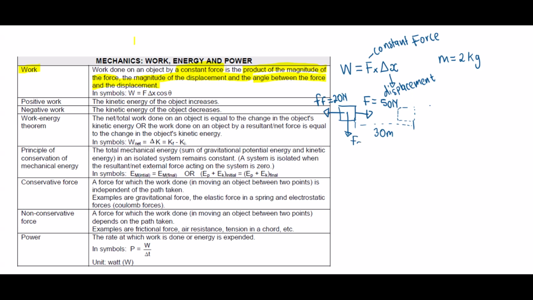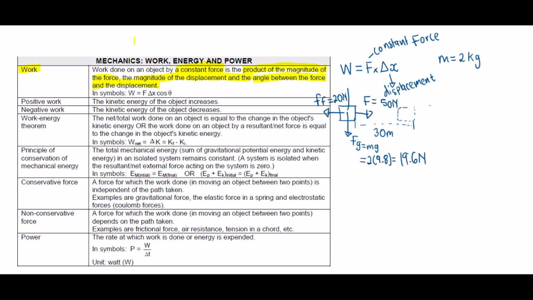Now, what is the gravitational force? The gravitational force is the object's mass times the gravity. The object's mass is 2 kg times 9.8. So 2 times 9.8 will give you 19.6 newtons.